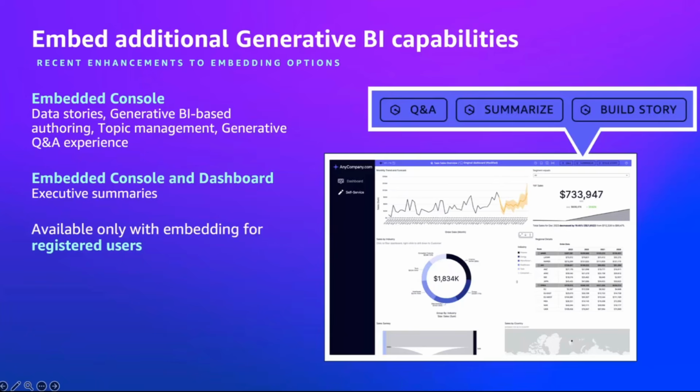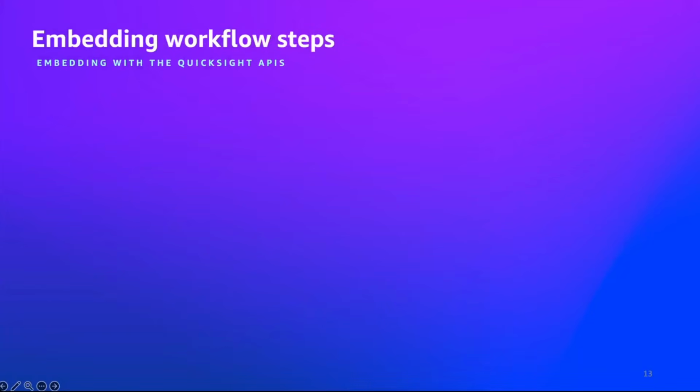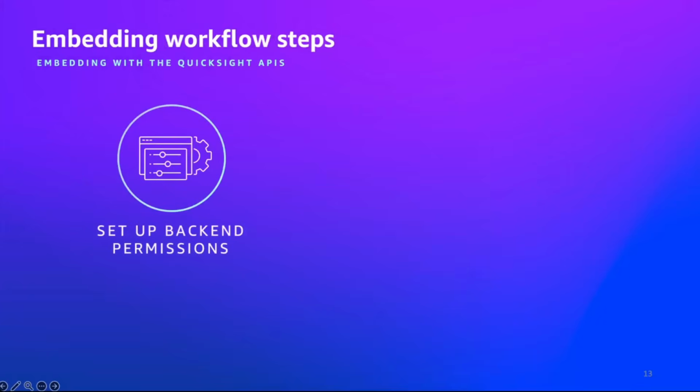Now, before we take a look at what these generative BI capabilities look like within an embedded experience, I want to quickly walk through the embedded workflow and see what you need to do to actually leverage these features. So at a high level, there are 3 key steps in the embedding workflow. And the first is setting up the right backend permissions for your application or web server, making sure that it has the permissions necessary to actually call the QuickSight APIs.